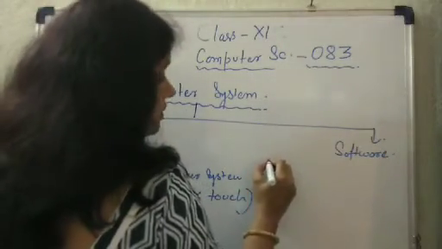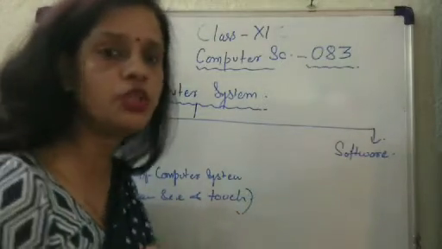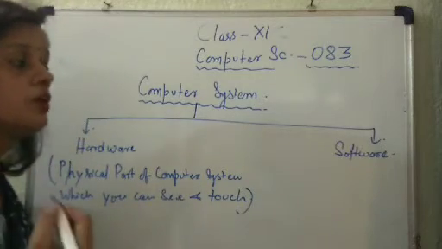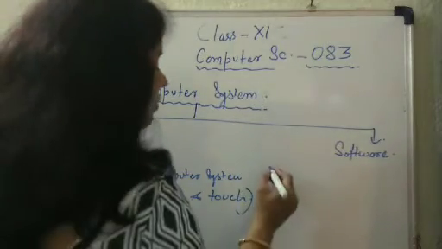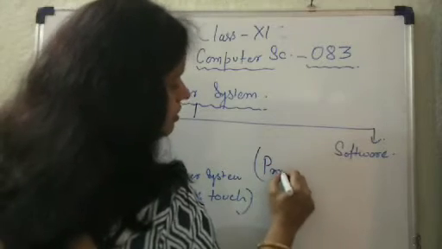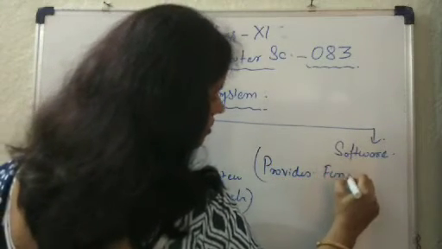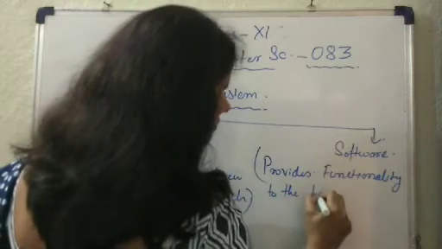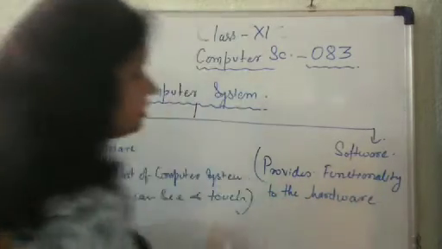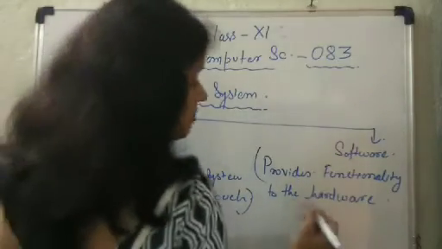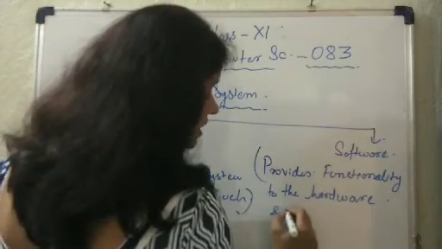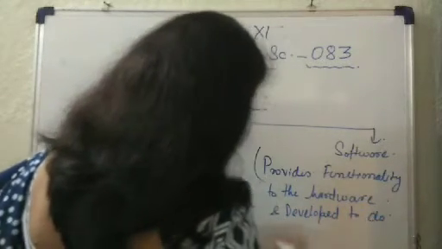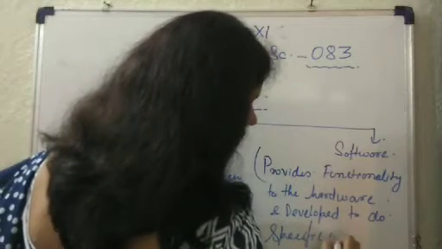You can define software: it provides functionality to the hardware, and it is developed to do specific work.